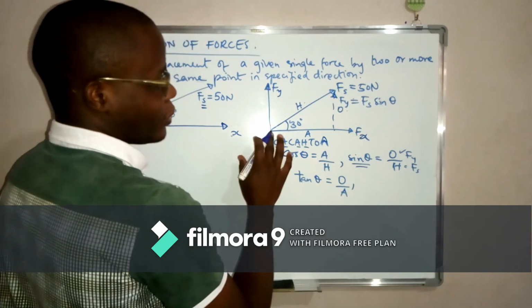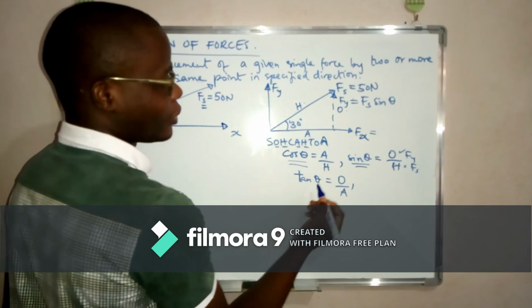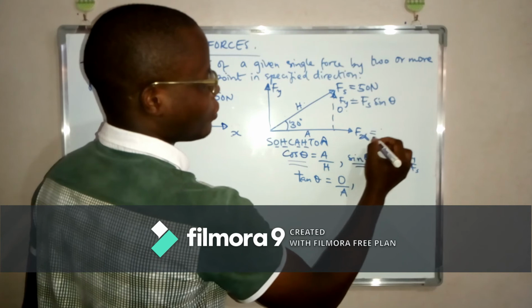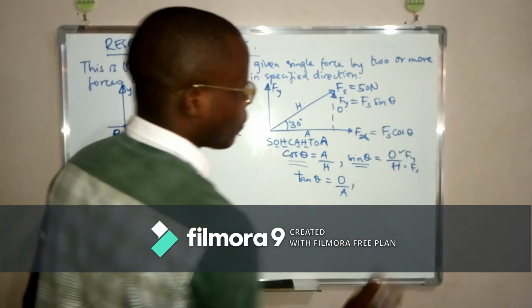Again, when you want to get Fx, we consider cosine. So for us to get Fx, we have Fs cos theta.